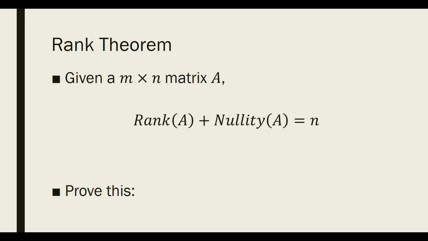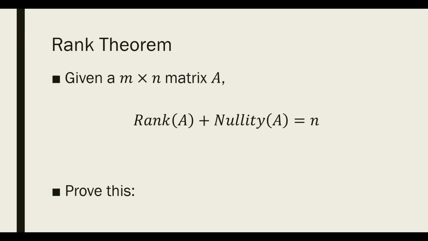Now, we can do those types of arguments for any matrix A. And it doesn't matter what size A is. A doesn't need to be square or anything like that. But when you row reduce the matrix, we're going to end up with pivot columns and free variables.